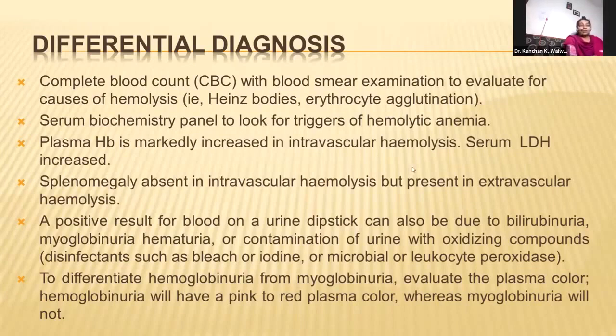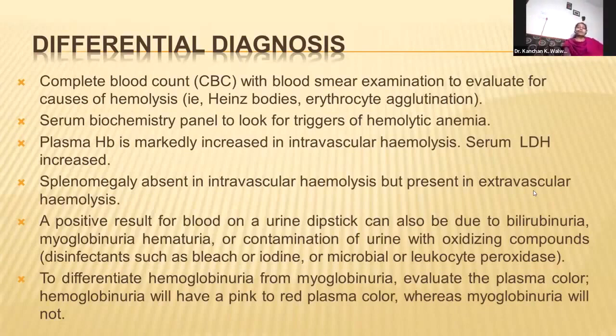Then you can also go for blood picture examination, blood slide preparation, and staining these slides. So you can identify an intraerythrocytic protozoan parasitic infection if present, or toxic bodies or remnants in the erythrocytes.